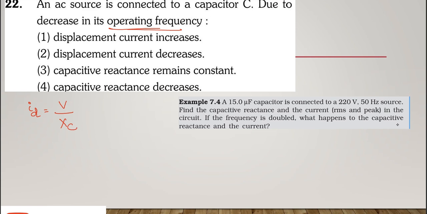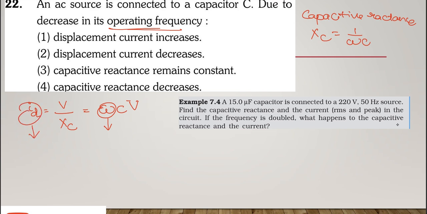Here that will be the capacitive reactance, and capacitive reactance depends on frequency as Xc = 1 by ωC. So I can write that over here, so this becomes ωC into V. If the frequency is decreased, then automatically the displacement current will decrease.